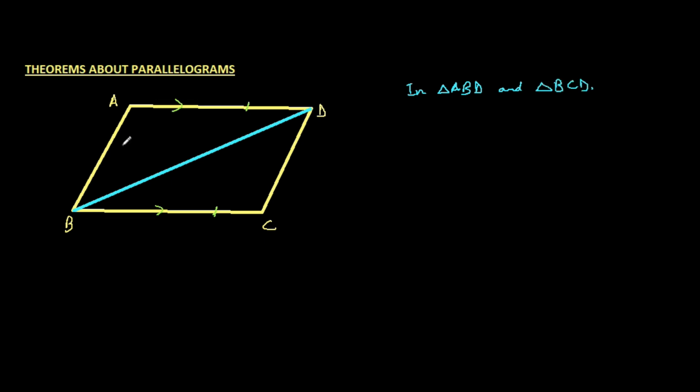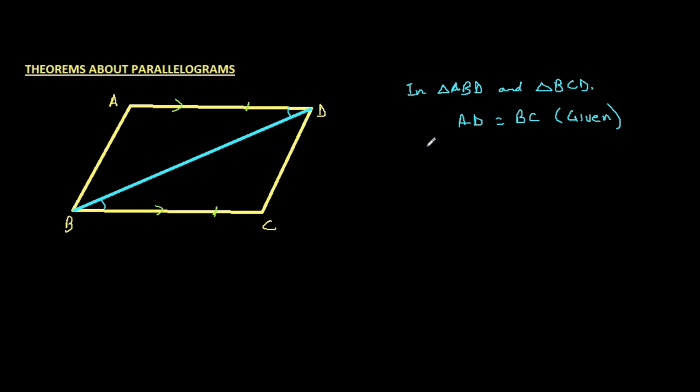What do we know? That AD is equal to BC. We are given that. And since the lines are also parallel to each other, AD is parallel to BC. So therefore we can say that this angle here should be equal to this angle here.